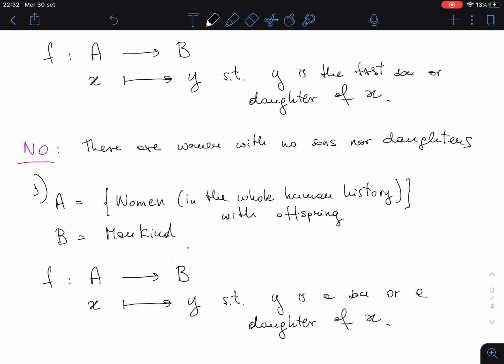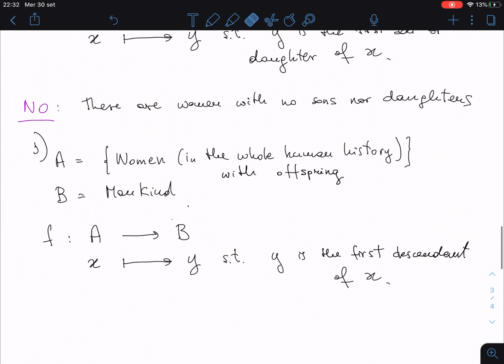So F from A to B lets to every X correspond Y, such that Y is the first son or daughter of X, the first descendant. Now one can say that there is a problem with twins, but I think there is always one twin that comes out before the other, so we can define which is the first descendant. So let me be naive enough to say that this is a function or map.